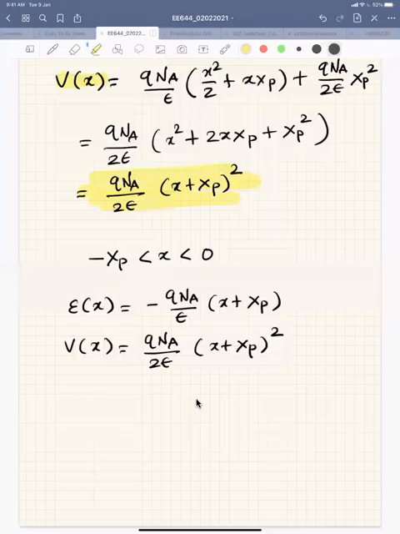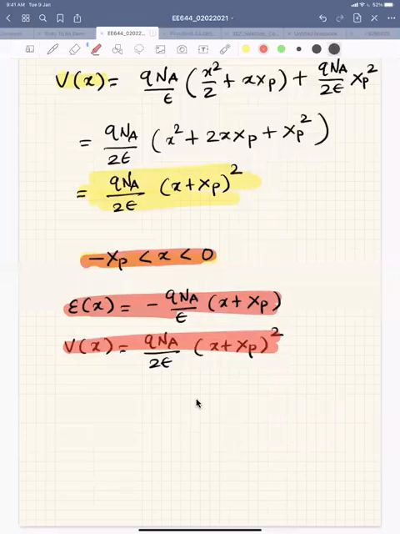So if I summarize, your electric field is linearly varying between minus xp and 0: minus q na divided by epsilon times x plus xp, and your V of x is q na by 2 epsilon times x plus xp whole square.